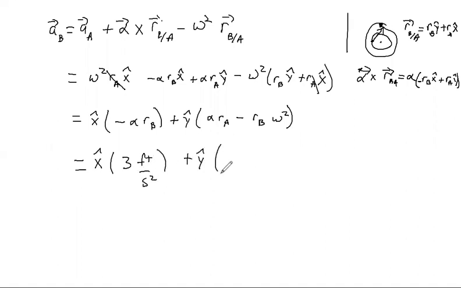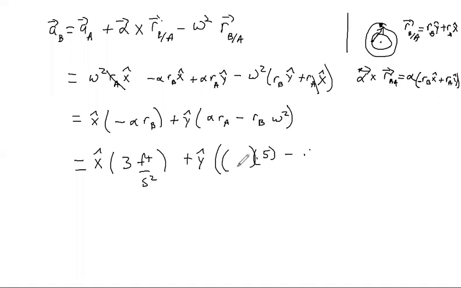Plus y hat times, okay, so that's going to be alpha times R_A, that's 0.75 times 0.5, minus, I take it back. Helps if you look at the actual numbers in the problem.